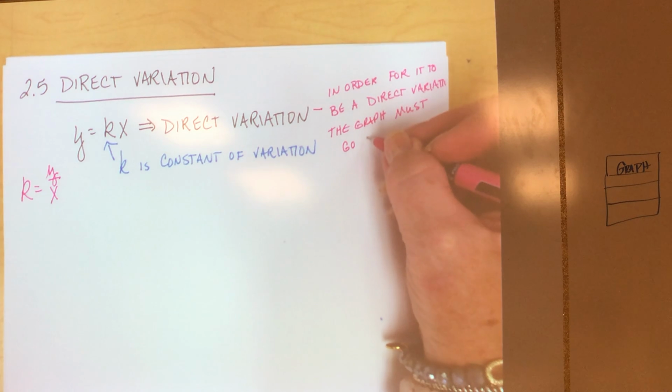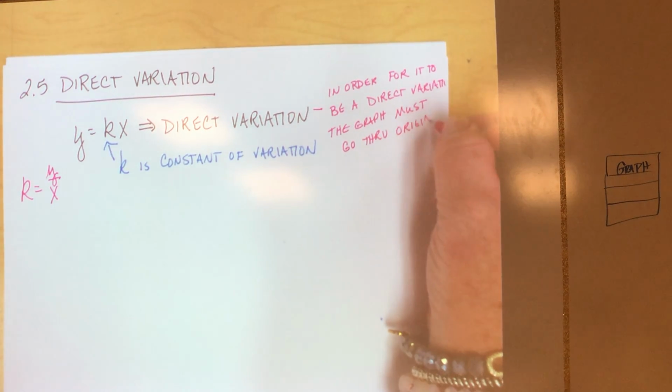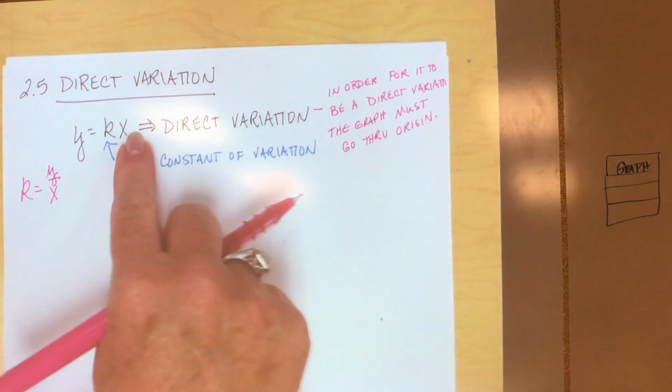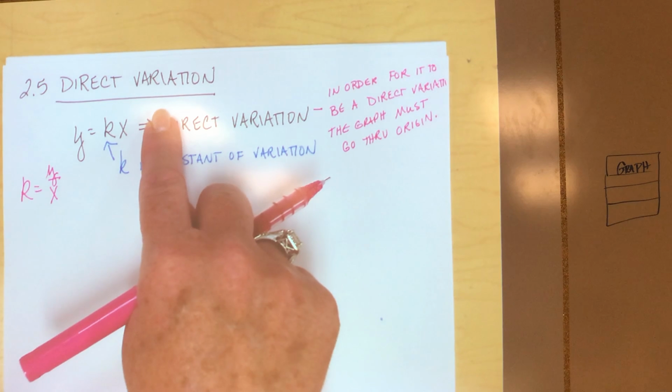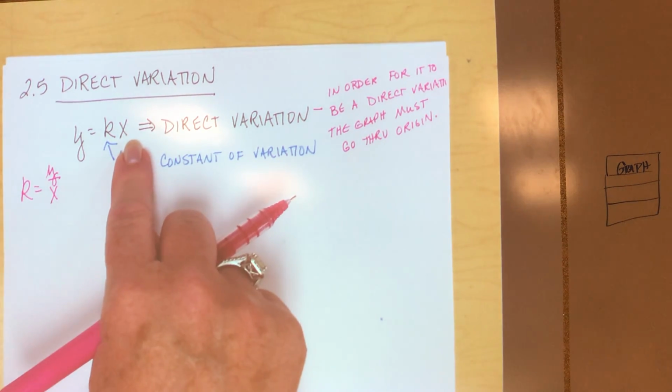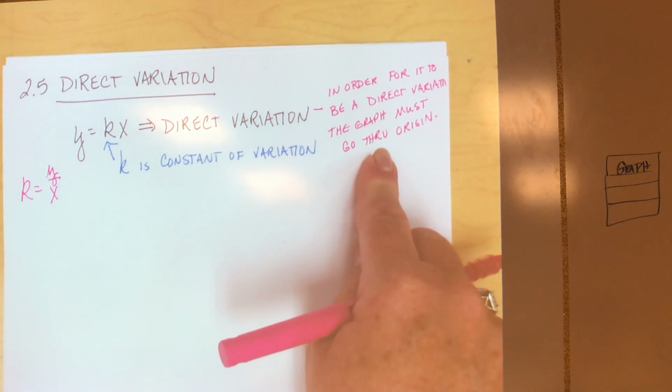Zero. There you go. Must go through the origin. So, why? Because y'all look, there is nothing added or subtracted out here. Okay? What's your y-intercept? 0. So it has to go through the origin in order for it to be a direct variation.